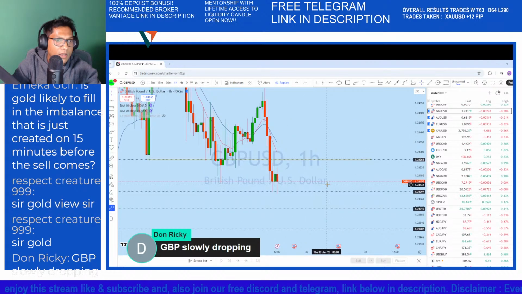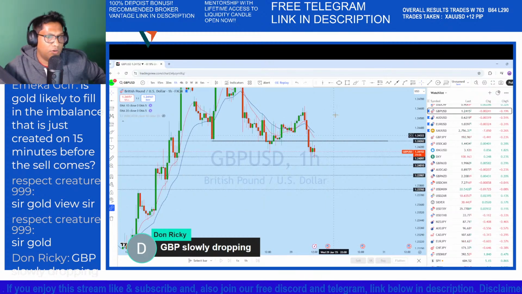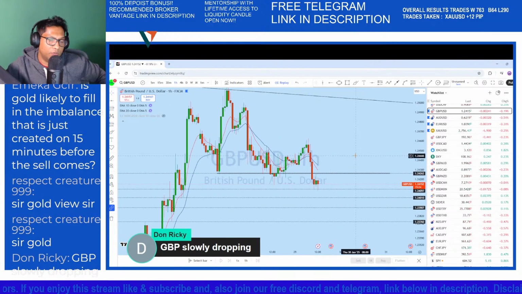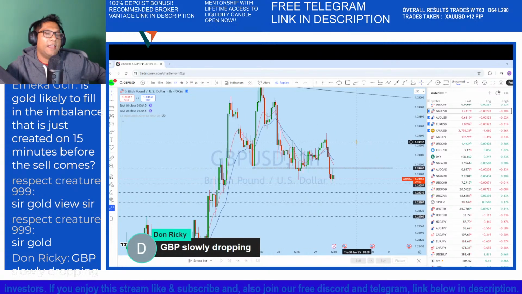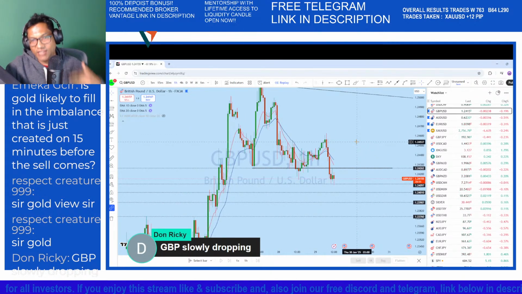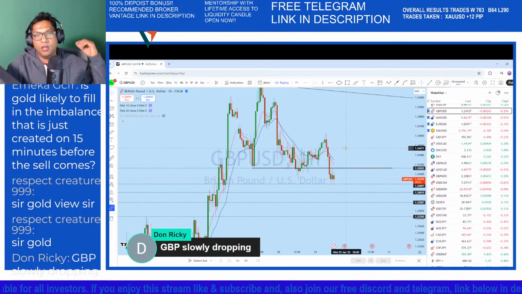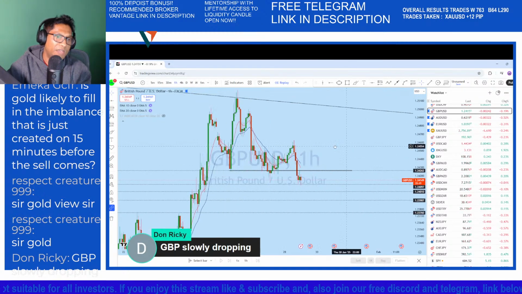We'll see how far it might be heading, and based on that we can look for trading opportunity again on GBPUSD. In the beginning of the session, we discussed British Pound US Dollar. Let's go back to that lesson again to understand how the British Pound US Dollar market is being formed.